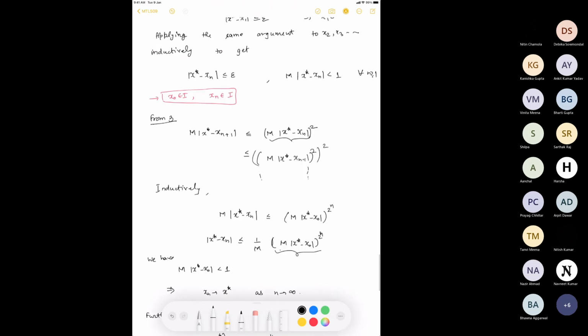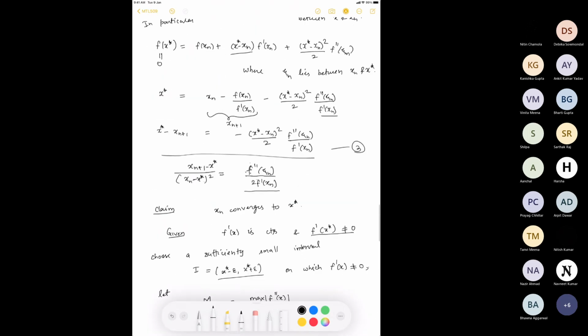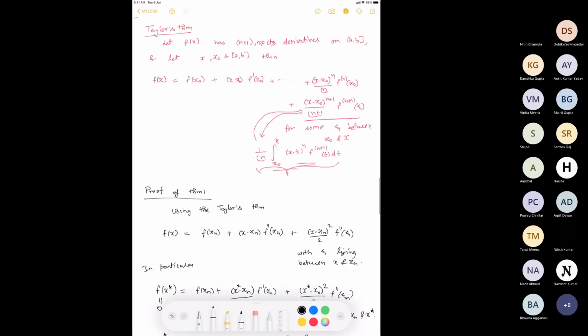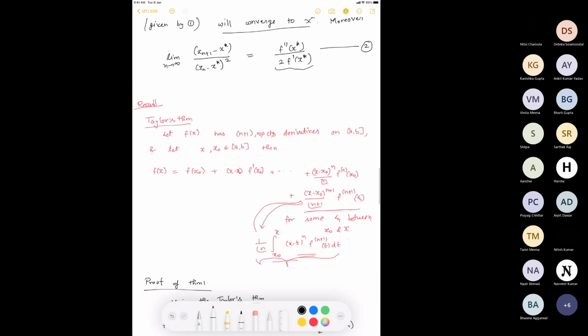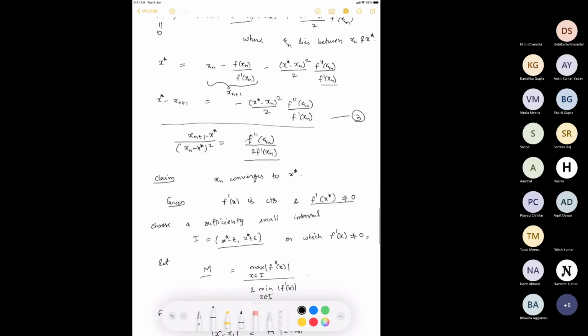And this also tells you what requirements you need for the Newton-Raphson method to converge. A few important things you notice here: it is important how you choose your x naught. It has to be sufficiently close to x star, that is, it has to lie in a small neighborhood around x star. In the proof, we have seen how x naught has to be chosen.